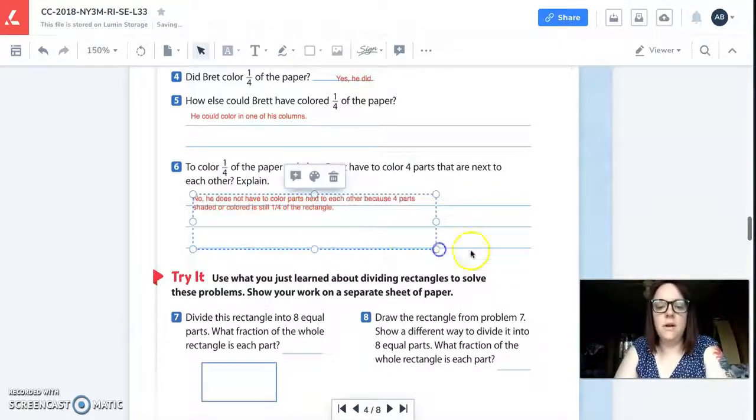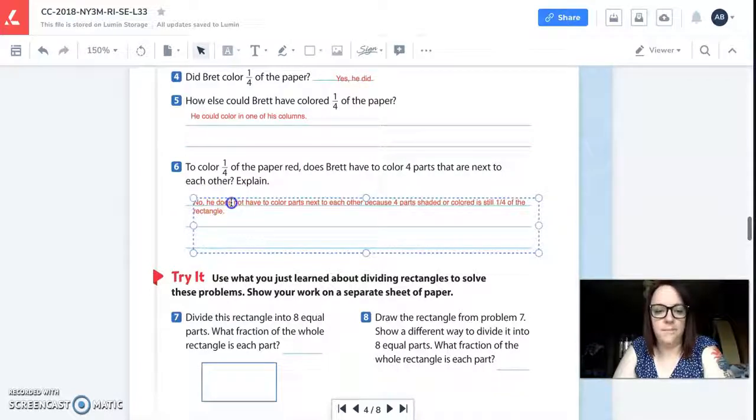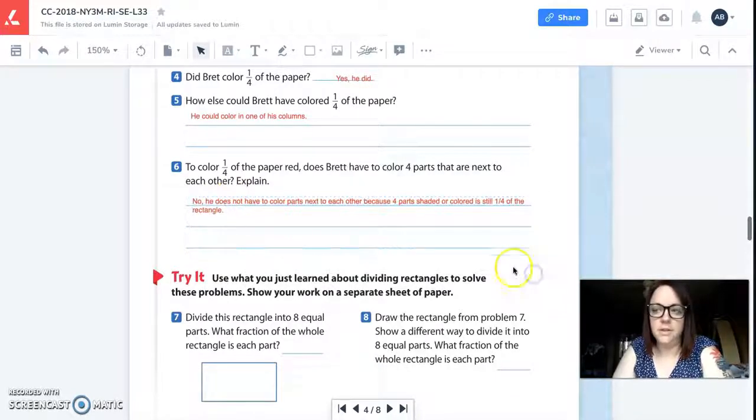And these ones are a little bit harder to understand. So I understand if you have trouble with these, it's okay, trust me. They are a little tough.